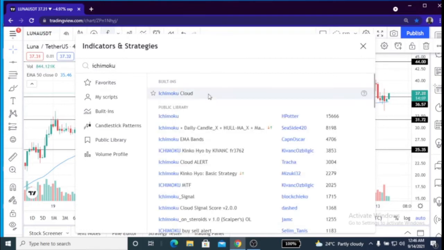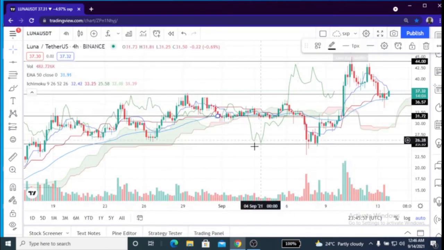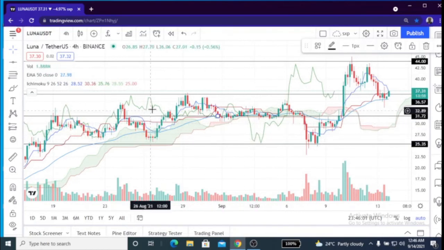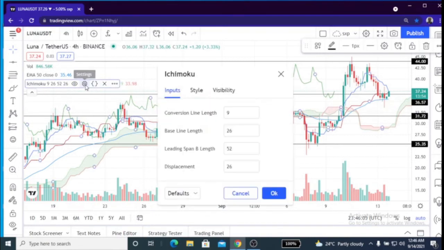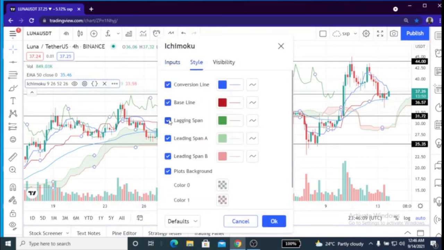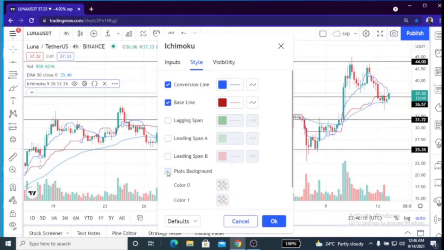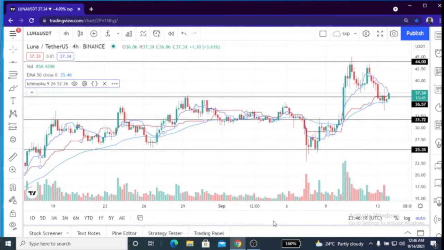Now once I type the Ichimoku cloud, you can see it produces something like a mess on the chart, but don't worry. I'm going to come to my settings, come to the star, and I'm going to uncheck the lagging span, leading span A, leading span B, and the plot background, and say OK.